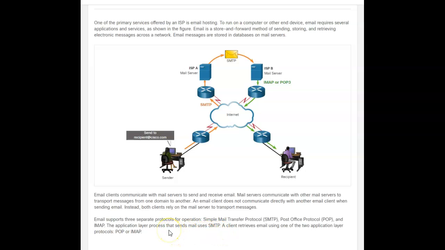The application layer sends the mail using SMTP. So all the sends between servers are done with the Simple Mail Transfer Protocol. Now on the client side, it's either IMAP or POP, and it really boils down to what you want to do. If you want everything downloaded off the server, you use POP; if you want to keep it on the server, you use IMAP. So as you're transmitting email between servers, it's Simple Mail Transfer Protocol.